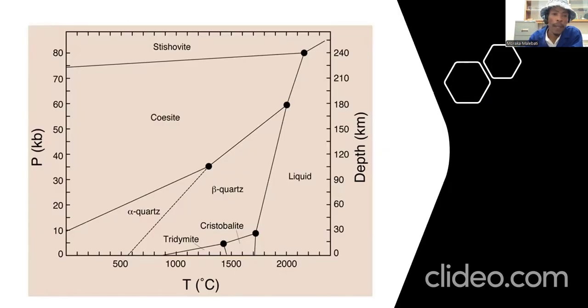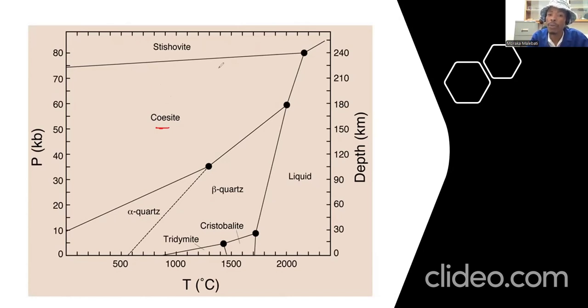So if we are looking at the forms of silica formed by increase in pressure, the first is coesite. When you increase the pressure, the quartz will be transformed into coesite, and if you increase the pressure again, the high pressure polymorph will now be what you call Stishovite.